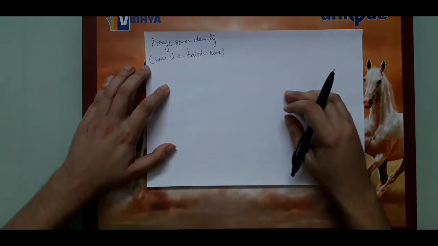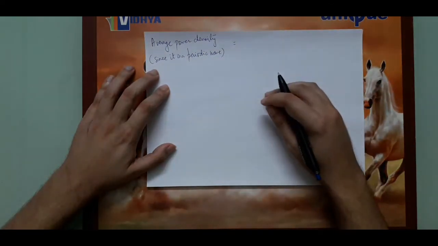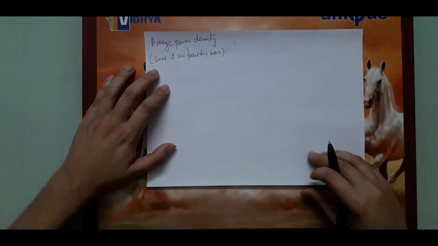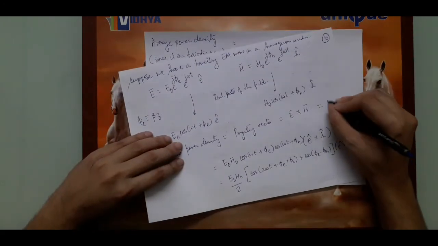So how do I get this? So the average power density, let us call this Poynting vector as some vector P.